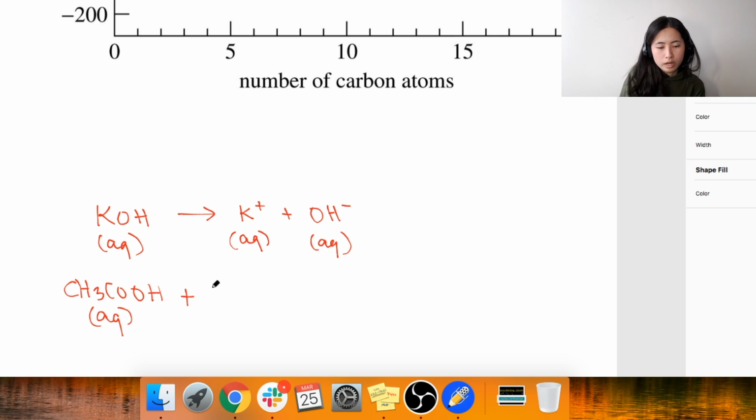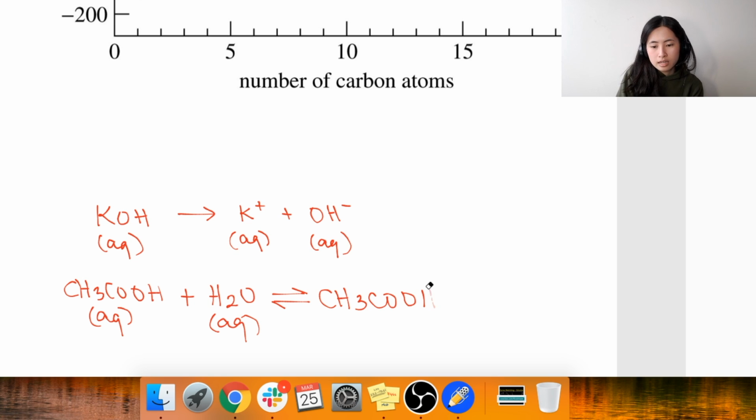In the presence of water, you're going to have an equilibrium reaction where it dissociates, but not completely. Because CH3COOH is an acid, it's going to donate its proton to water.